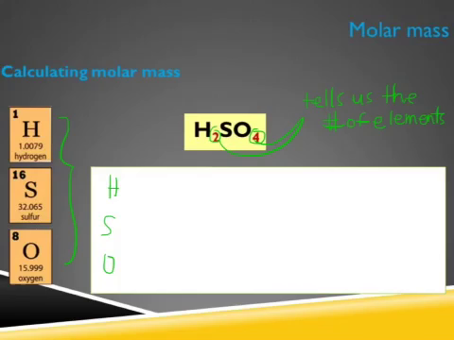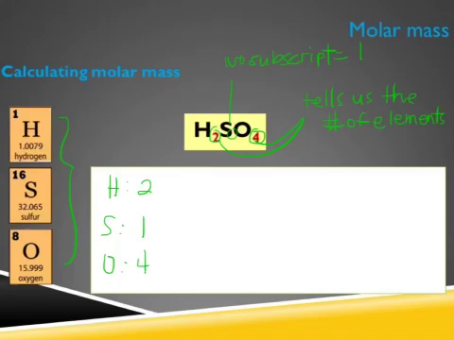Since there is a subscript of 2 for hydrogen, I know that there are 2 hydrogens. Sulfur has no subscript, so we can assume that this is equal to 1. So there's only 1 sulfur present in the chemical formula. And there are 4 oxygens present.